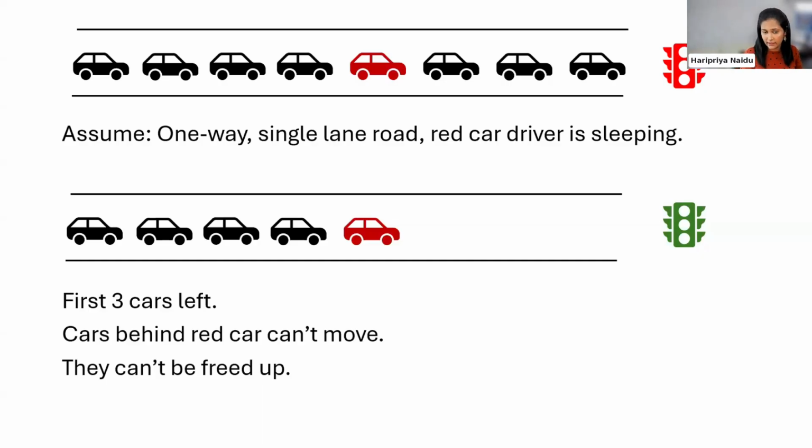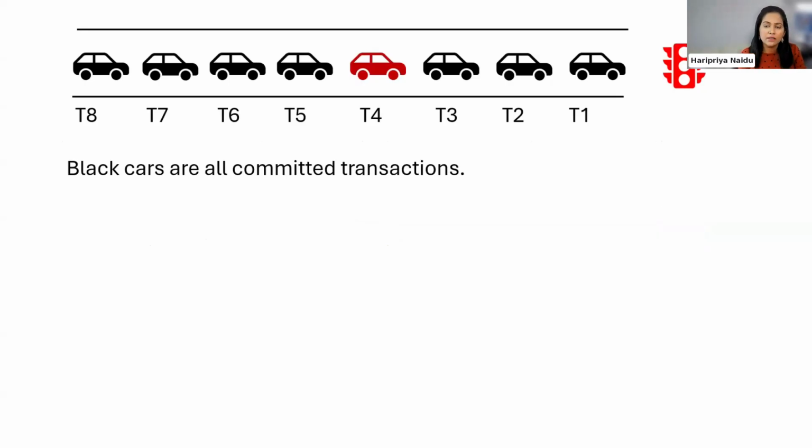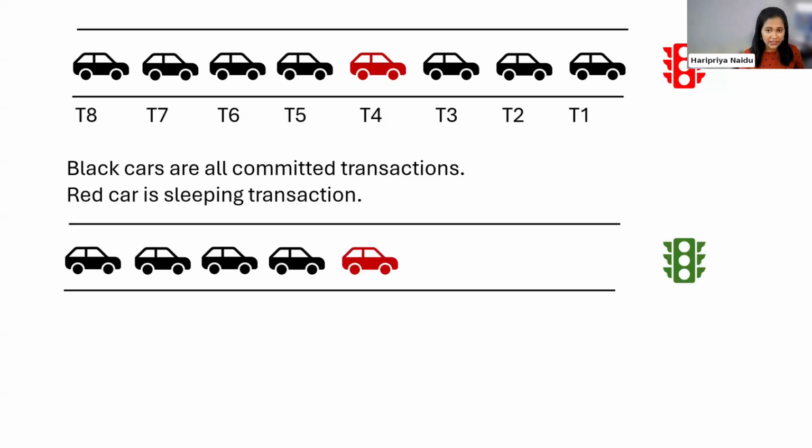Now let's take this a little bit ahead. Let's call them transactions, T1, T2, T3, and so on. Assume all these black cars are committed transactions, and this red car is a sleeping transaction. That's the reason I said the driver is sleeping, so I can relate that to the sleeping transaction, which we use in our SQL Server. All right, you have the red light, and now you have the green light.